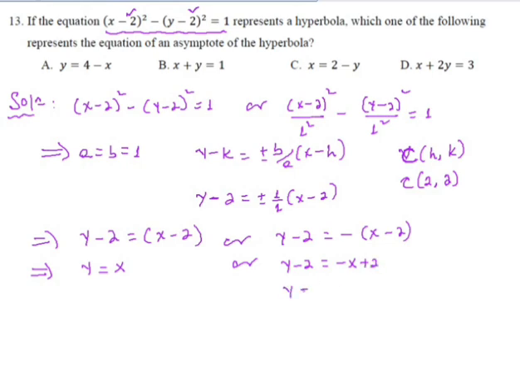So this means y is equal to minus x plus 4, or you can make it y is equal to 4 minus x. They are the same. So these two are the asymptotes of the given hyperbola. So let us search for this one or this one or both in the choices. From the choices we have one asymptote in A. So the answer for this is A.